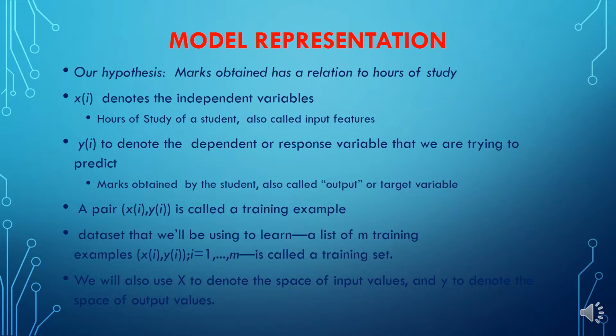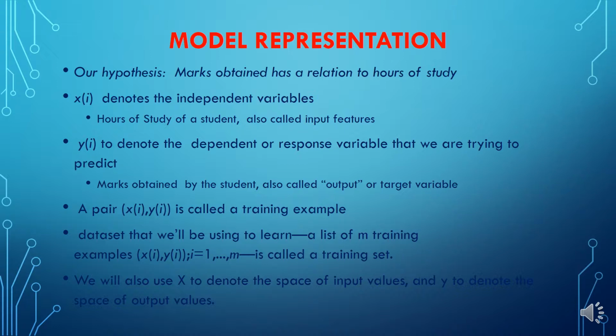So there is a one-to-one correspondence between the xi and yi. Each student has the number of hours of study and the marks obtained, the pair. A pair xi, yi is called a training example.